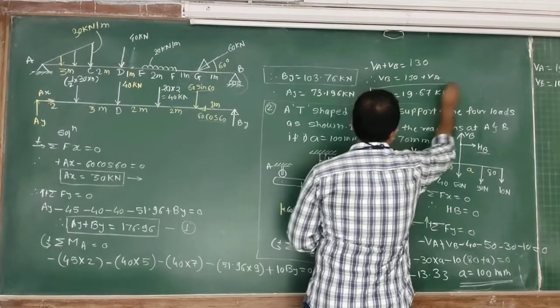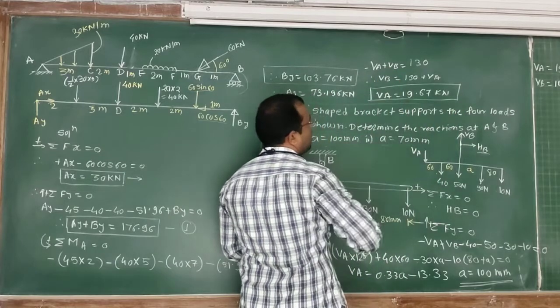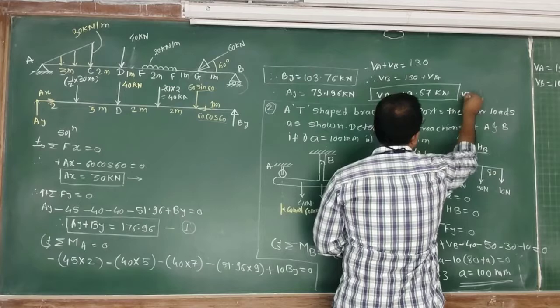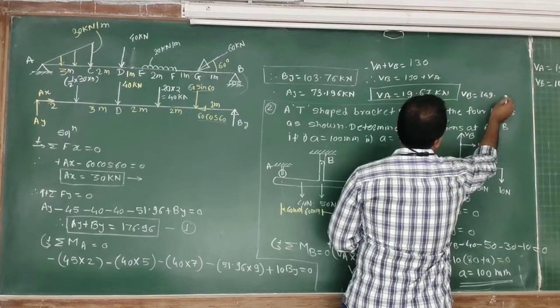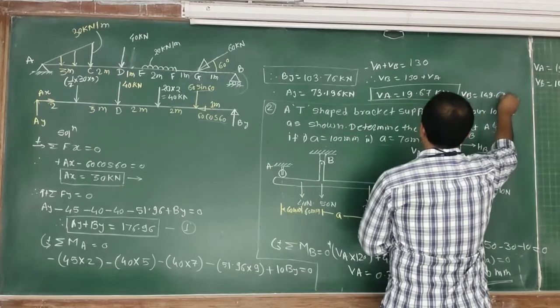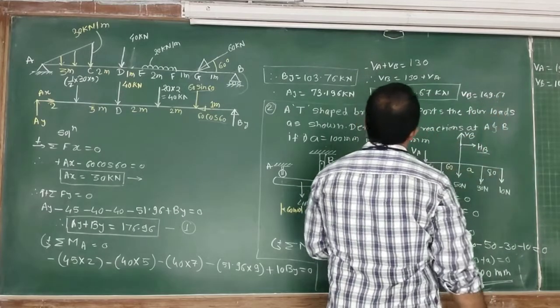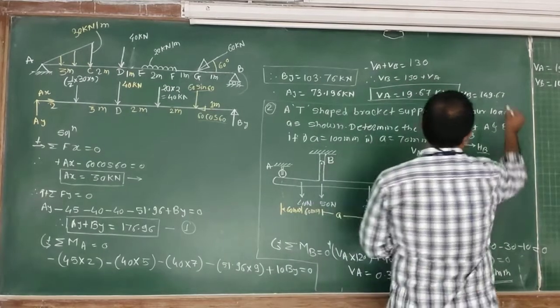Now once VA is known to us, substitute this VA in this equation, so you will get the value of VB. That value of VB is 149.67. Please check that. Yes, 149.67 kilonewton.